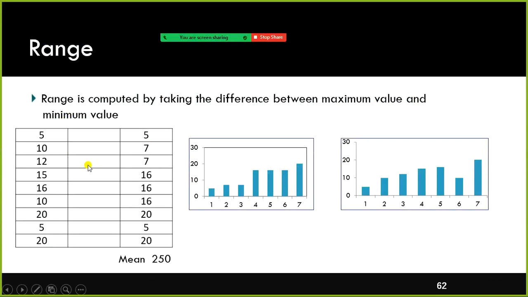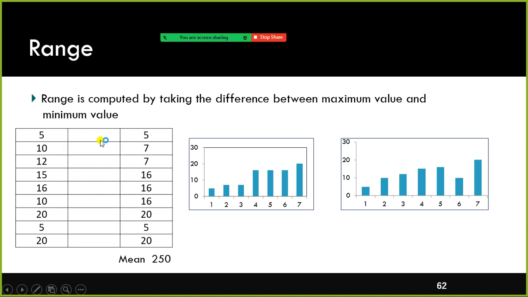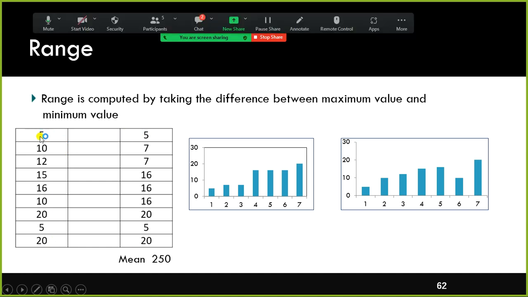Say yes or no. Yes, right? It is not exactly the same. Here 5 is there, but 10 is there here, but it is 7. It is not the same.